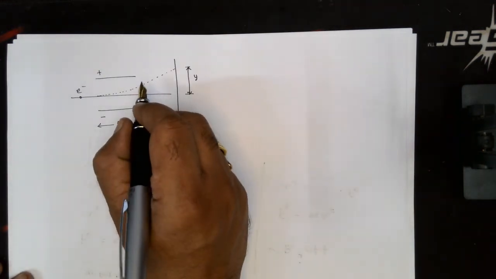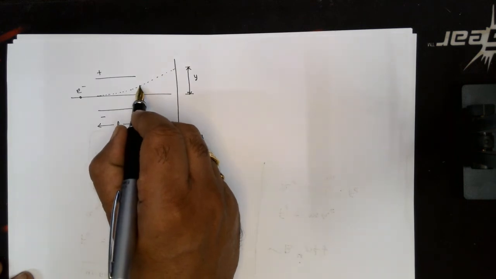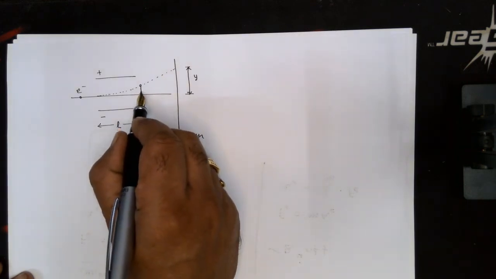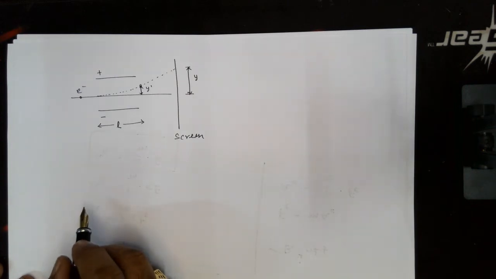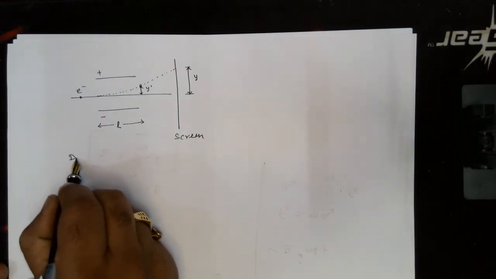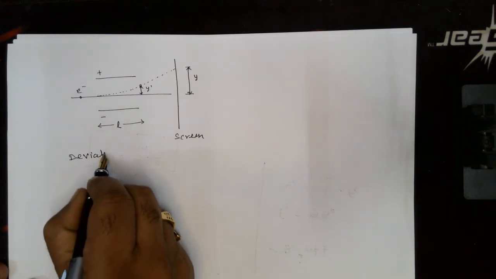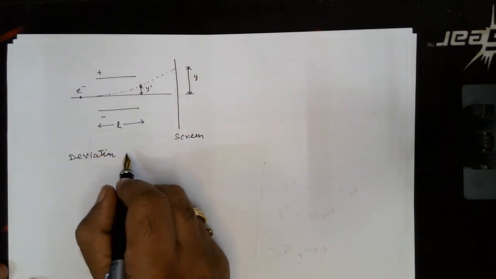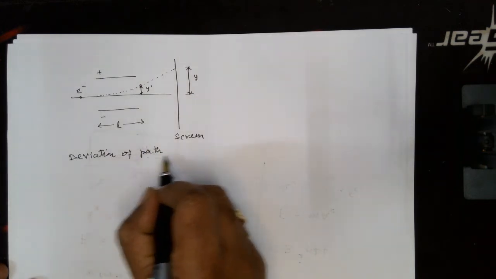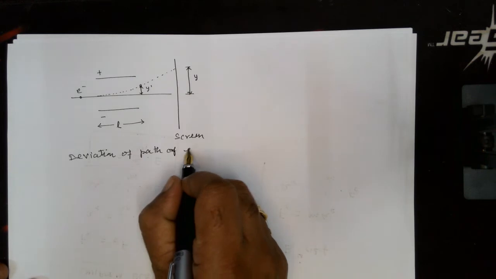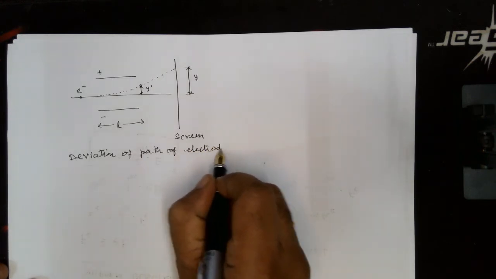And let us have this electron, assuming that it goes in this way. This is also proportional. Let me put this as y dash. So this is the deviation. We are studying actually the deviation of paths of electron. Electron means this cathode ray.